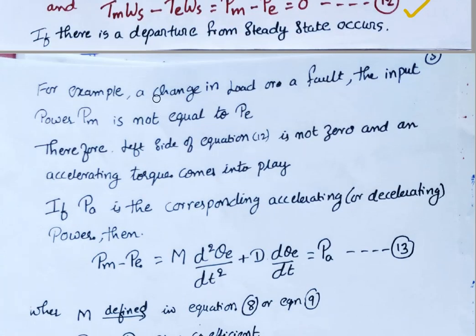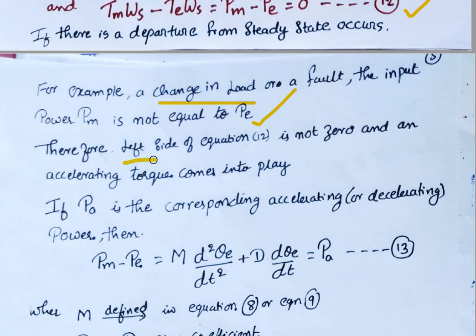Here, for example, with a change in load or a fault, the input power is not equal to my output power. That means whenever there is a change in load or a fault, the input power is not equal to my electrical power. That means my mechanical power is not equal to the electrical power.